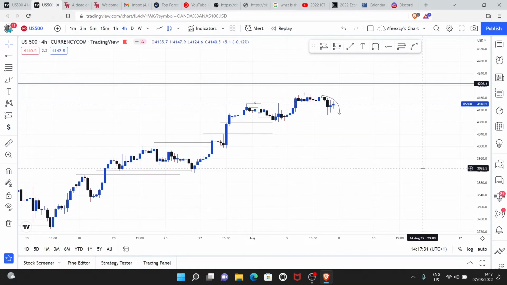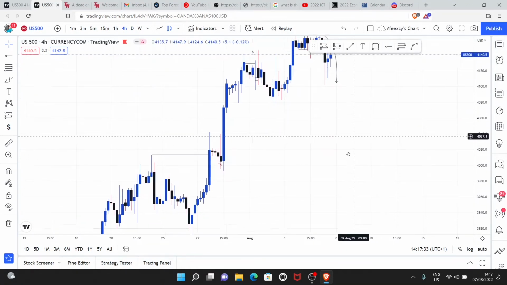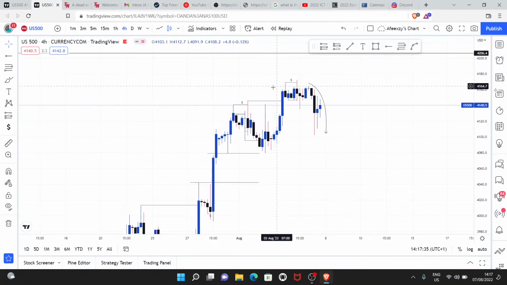From our 4-hour time frame perspective, we can see clearing out the liquidity, clearing out this liquidity too. Then it's also cleared out this liquidity. We used to check some things here before we know if it's either a break of structure or a liquidity zone.